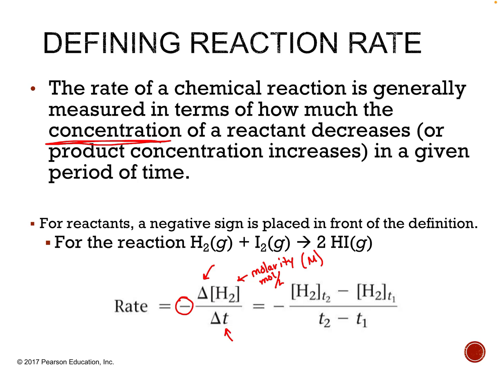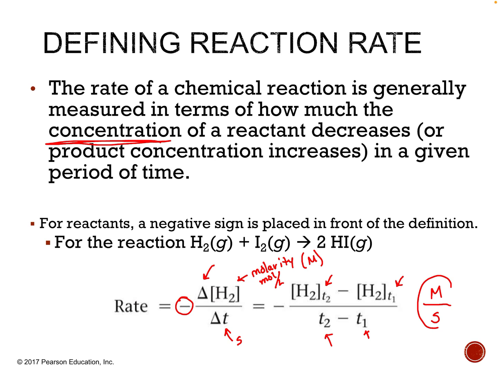And this is typically in seconds, but not always. And so we're always going to do final minus initial. So our concentration at time 2, right, our final time, minus our concentration at time 1, and then our time 2 minus time 1. Okay, so this would be our rate, our change in our molarity per second.